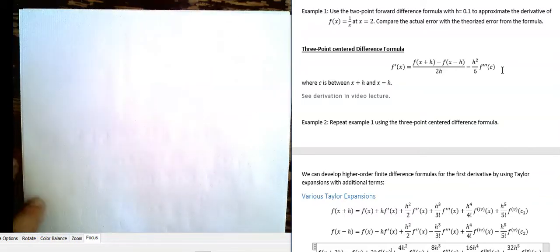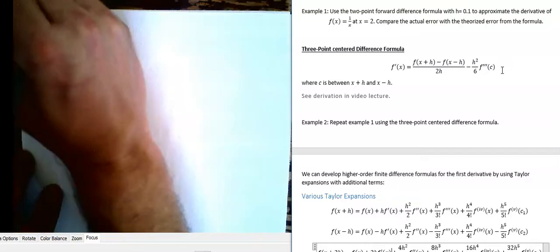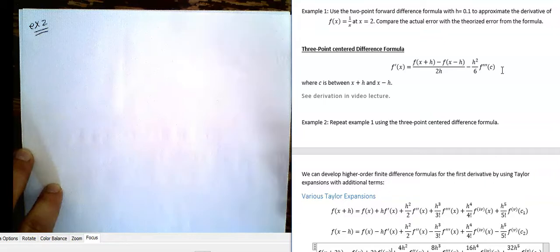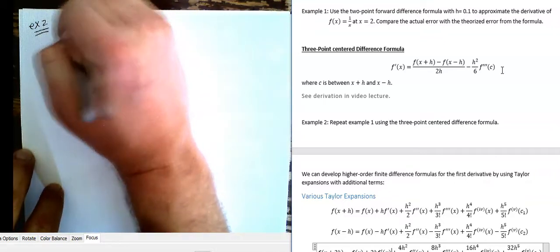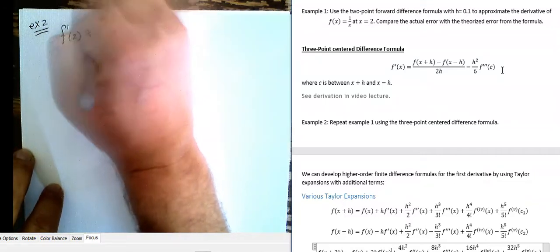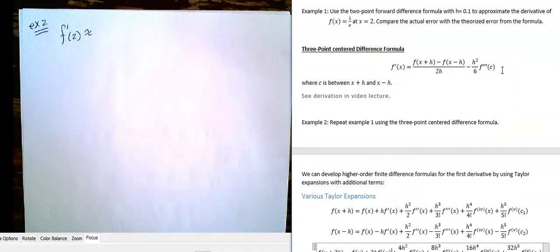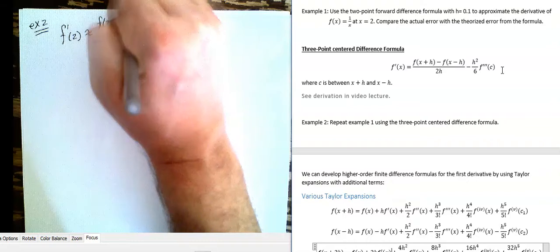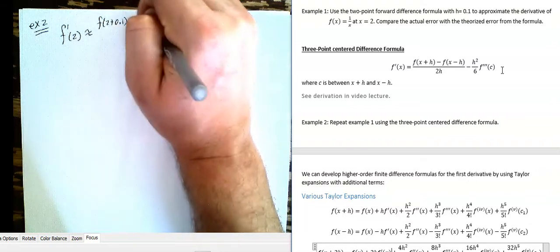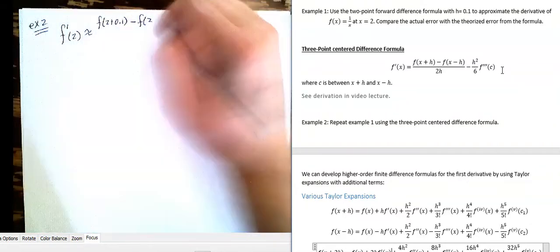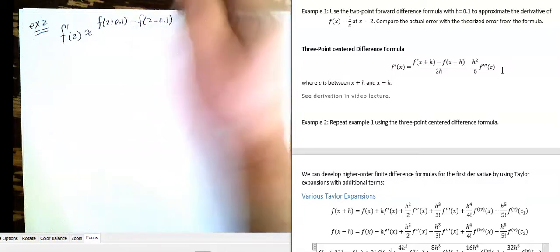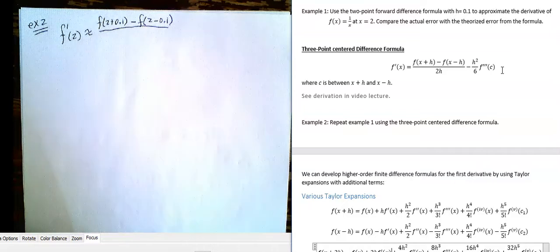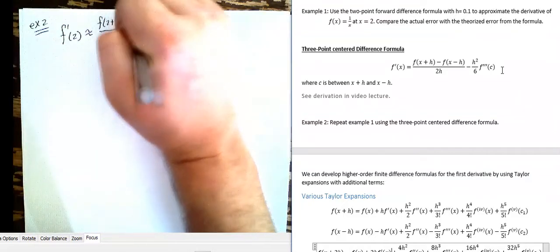So let's look. Example 2. So f prime at 2 would be approximately equal to, let's just fill in our formula, f of 2 plus 0.1 minus f of 2 minus 0.1 over 2 times 0.1.